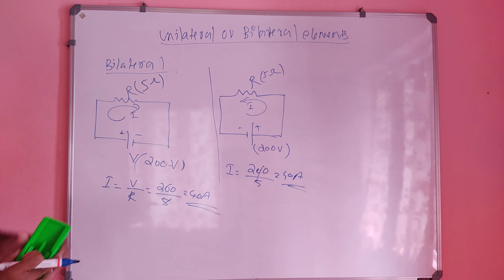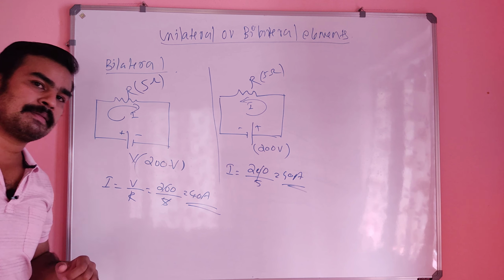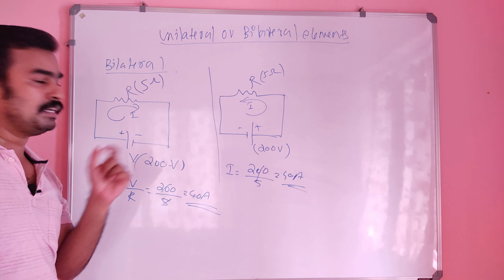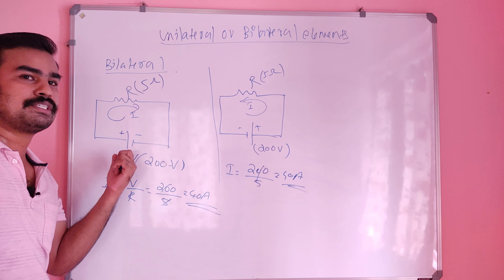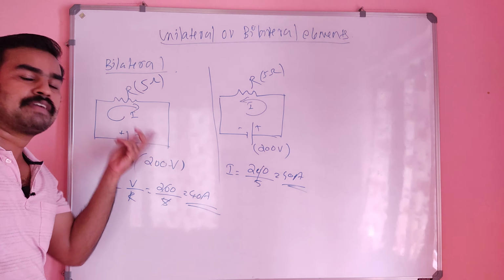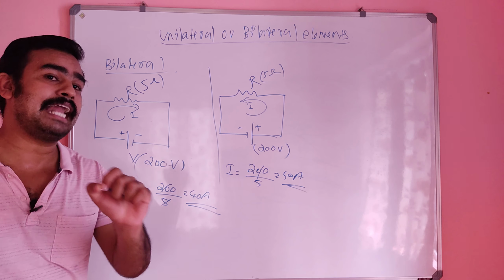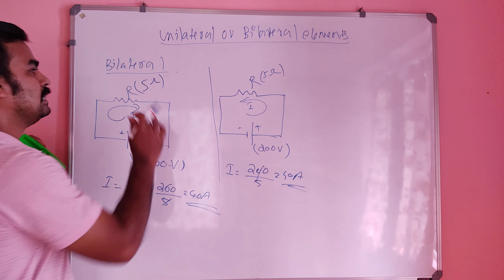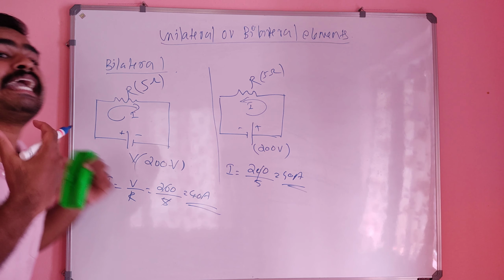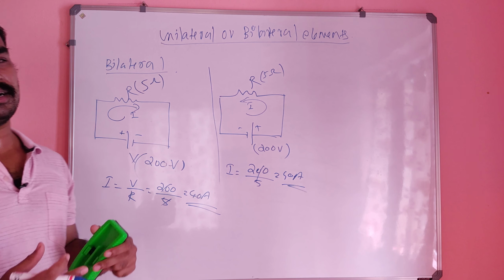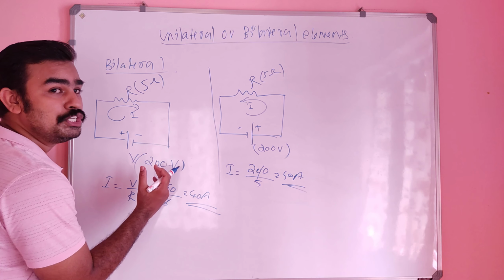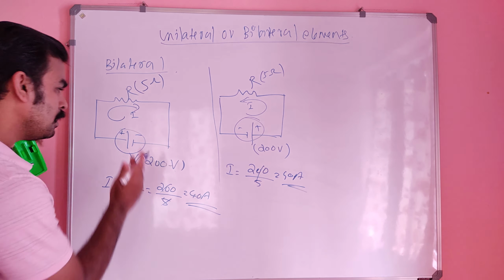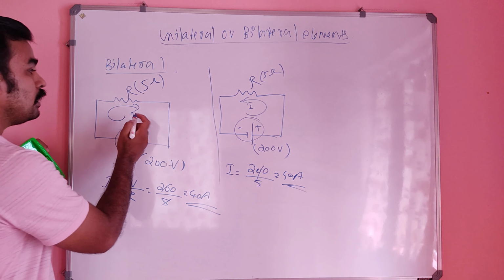Which means bilateral circuit means even if we change the polarity of the voltage source, the direction of current is changing, but the value of the current will be the same. That means the resistor behaves in the same manner for this polarity and for the other polarity.